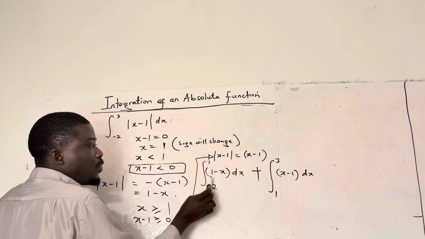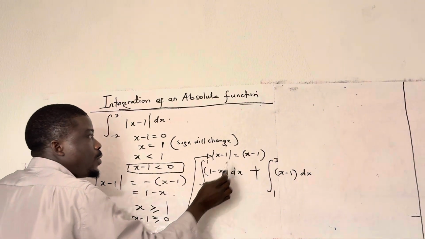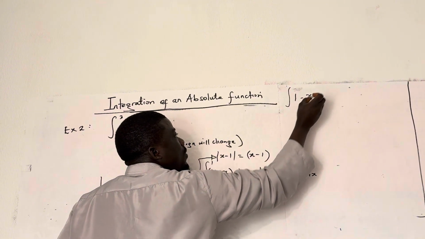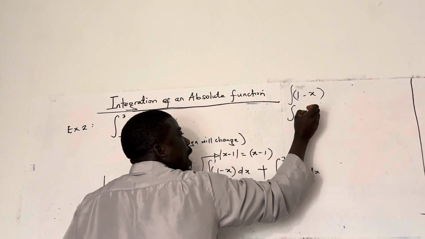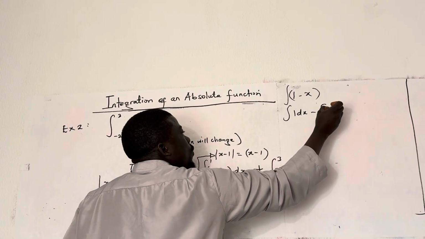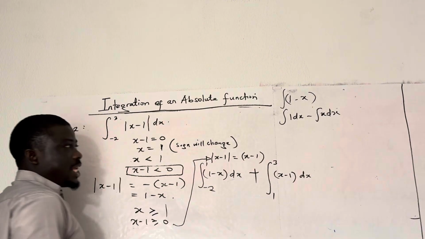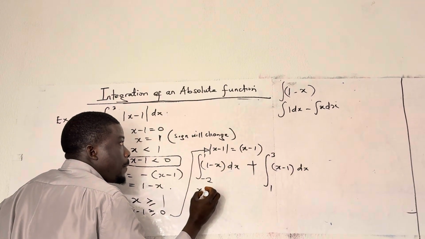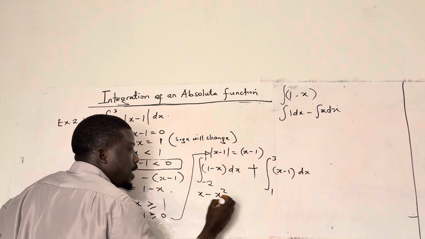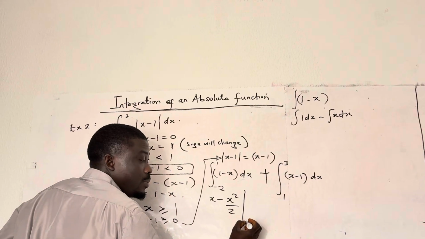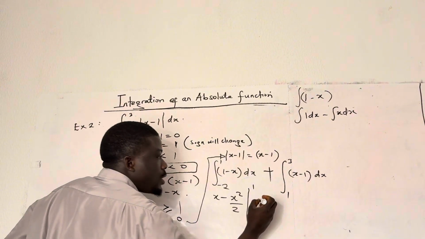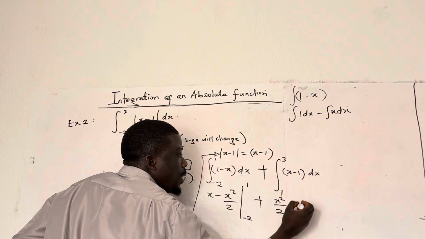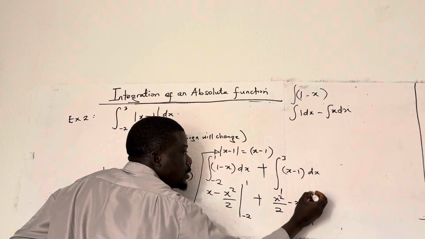If we integrate this, when you are integrating 1 minus x, we have the integral of 1 dx minus the integral of x dx. So if we integrate this, we have x minus x squared divided by 2 from the limit minus 2 to 1, plus x squared divided by 2 minus x, all from 1 to 3.